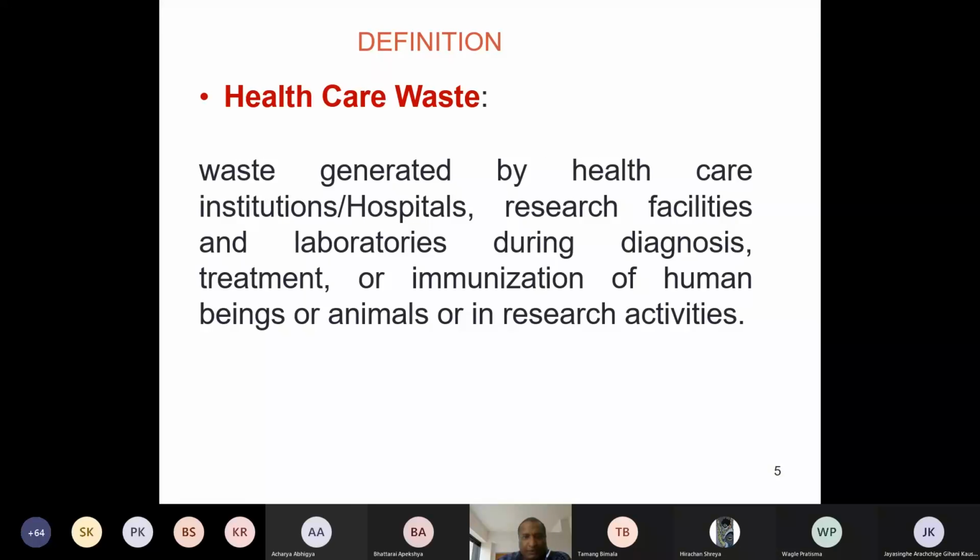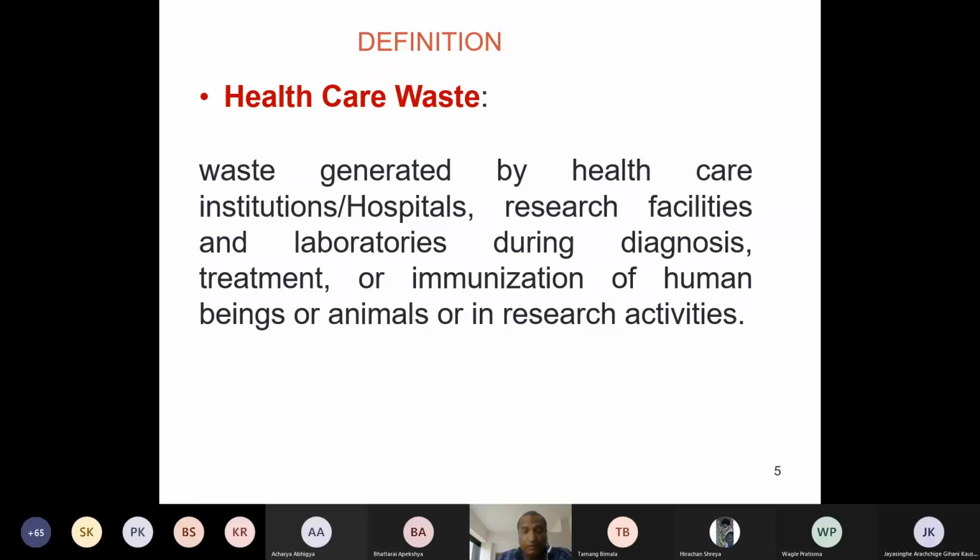So waste management definition, healthcare waste: simply waste by healthcare institutions, hospitals, and research facilities. In the hospital setup there are also research units, so in big hospitals there may be research going on, meaning experimental studies. Maybe in Nepal we cannot find it, but generally some research is going on with animals, trials and all, and in the laboratories to study microorganisms or viruses.